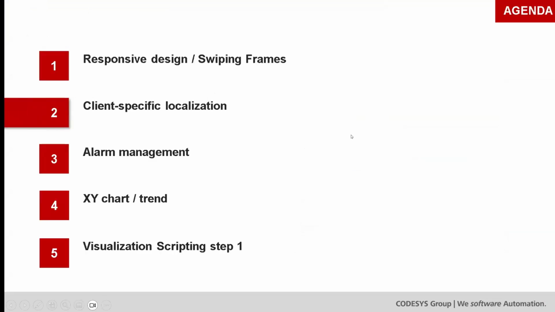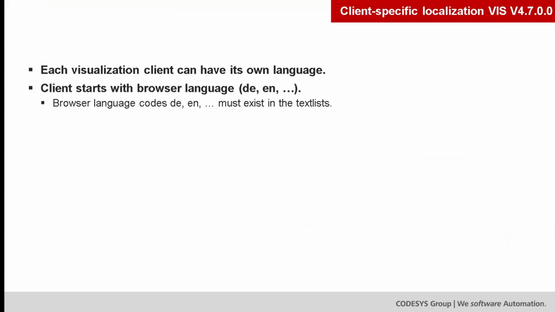So now we come to the next topic, the client-specific localization. For that, each visualization client can have its own language. With the new version, the visualization client starts with the browser language, and the browser language codes, DE or EN, must exist in the text lists.